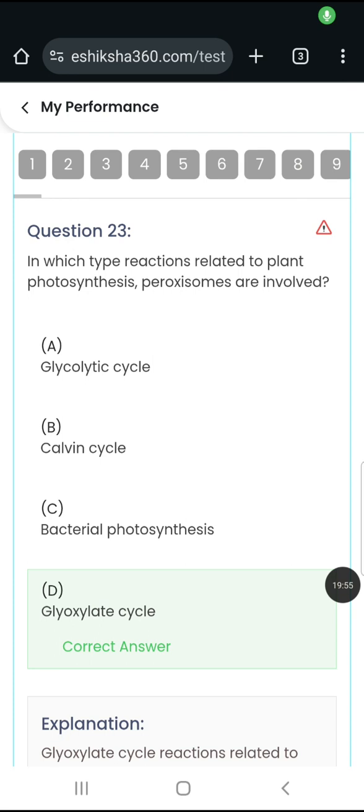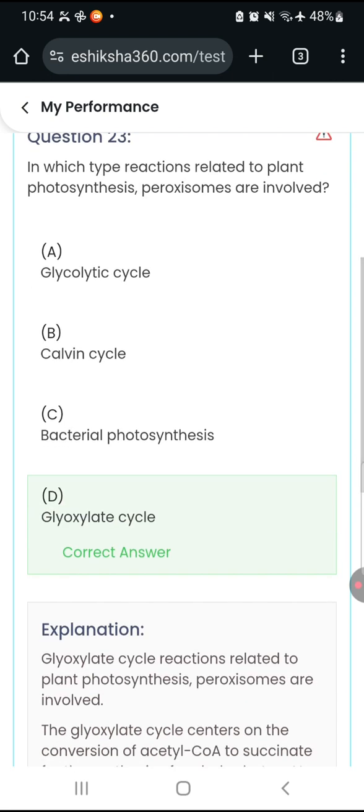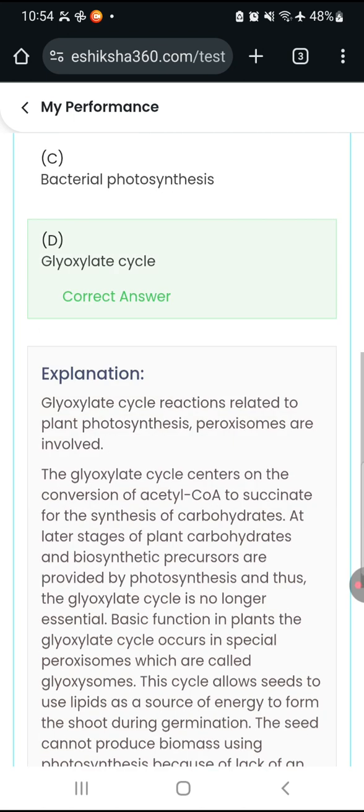Question: In which type of reactions related to plant photosynthesis are peroxisomes involved? Answer: Glyoxylate cycle.